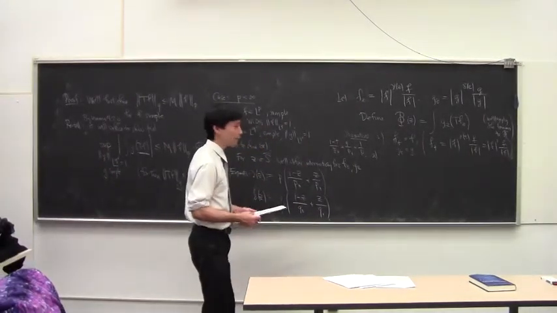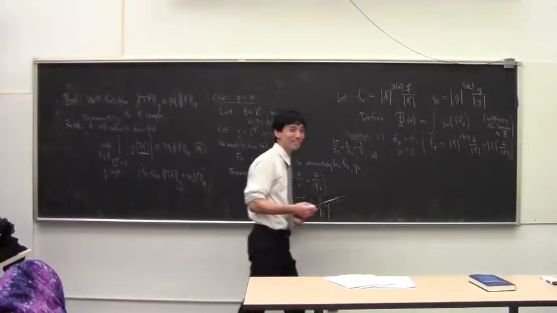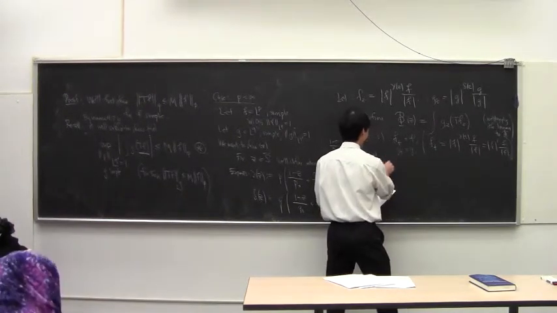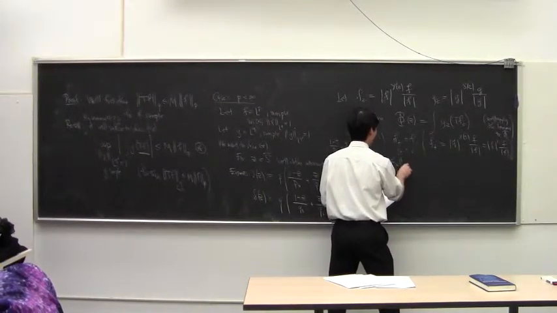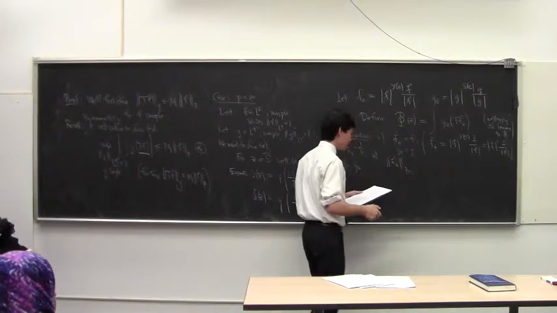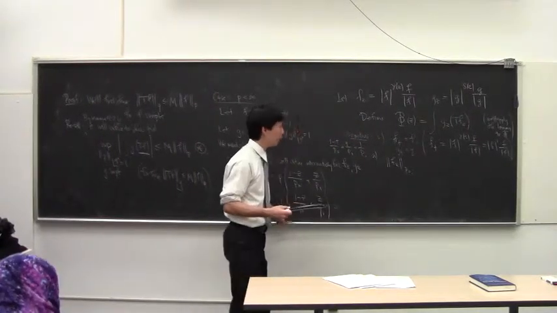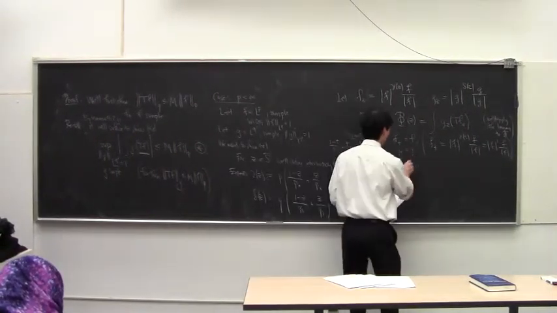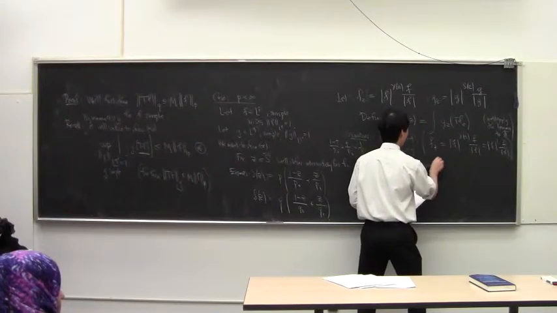Second observation, which I think again is obvious. F sub z's p naught norm is 1 when the real part of z is 0.